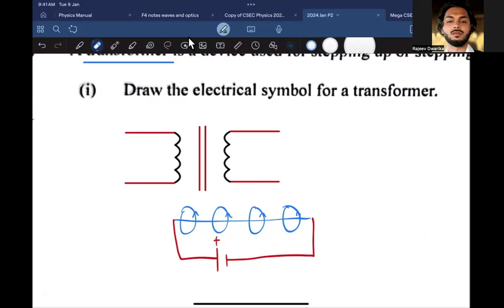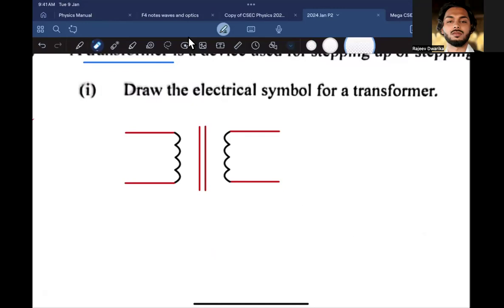Remember, Jadon, if you want to induce a current or EMF into something, you need a change in magnetic field. If you don't have a change in magnetic field, then it won't work. So, Jadon, can a battery induce a current? No sir, because it will not generate a change in magnetic field. But if we're talking about an alternating source, the direction of the current is changed periodically.